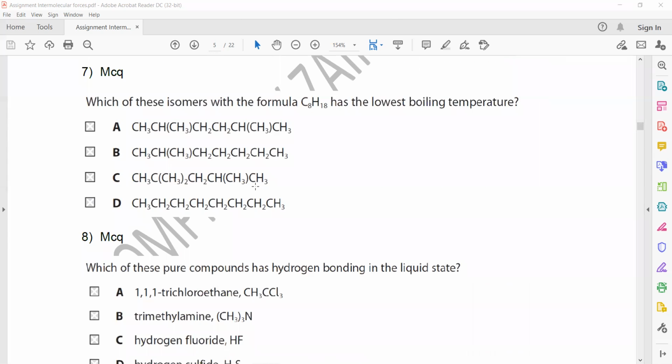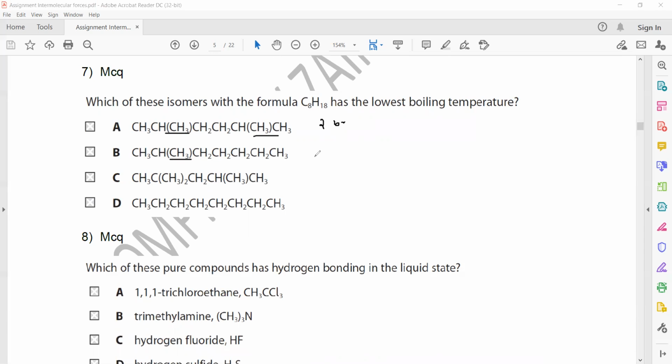Next question. Which of these isomers with the formula C8H18 has the lowest boiling point? To identify the lowest boiling point, we have to check the number of branches, because the greater the number of branches, the lower the boiling point. When we draw the structure of each, this has two branches.